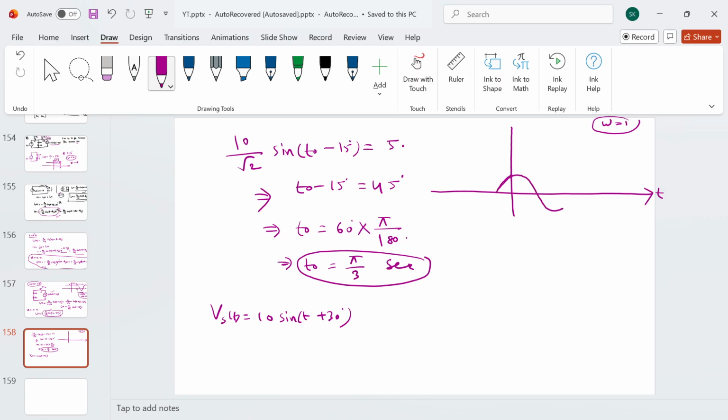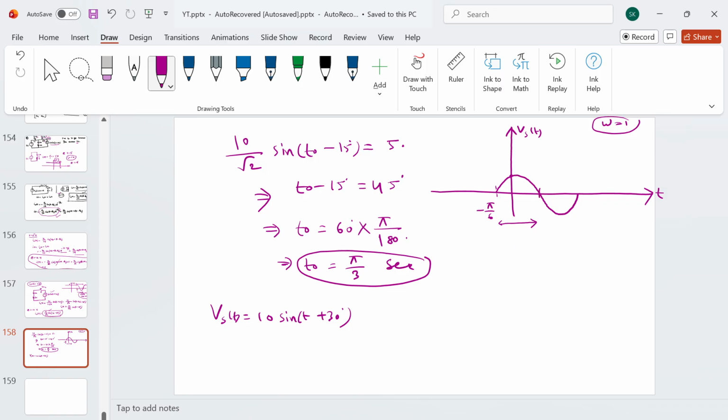So this is how your voltage source is. This is your Vs(t). And this is your minus pi by 6, 0, and this total duration is 180 degree, right?